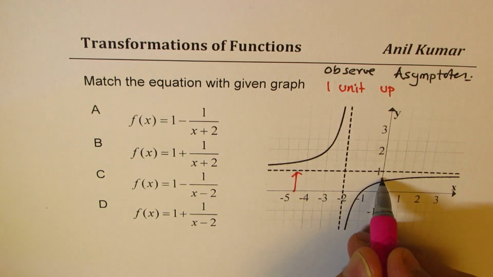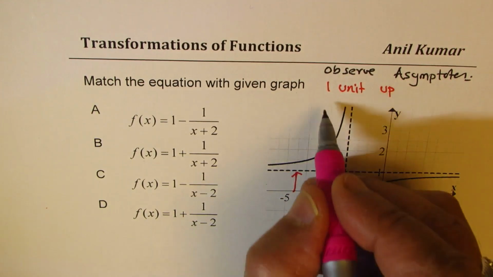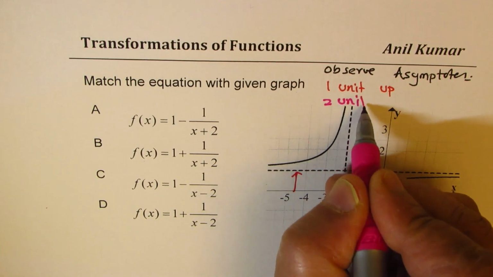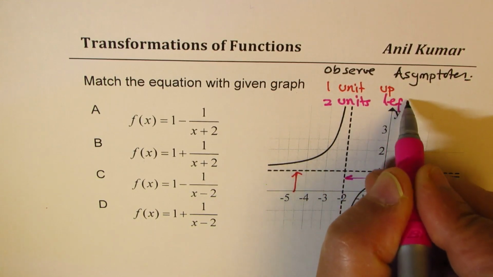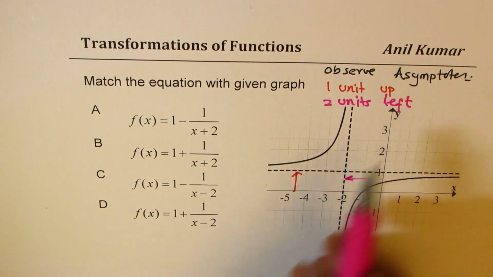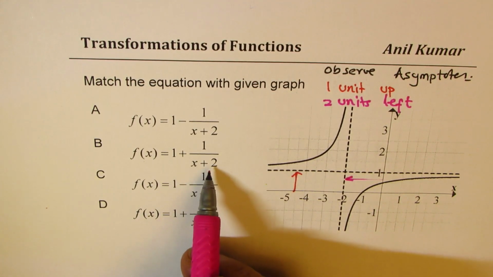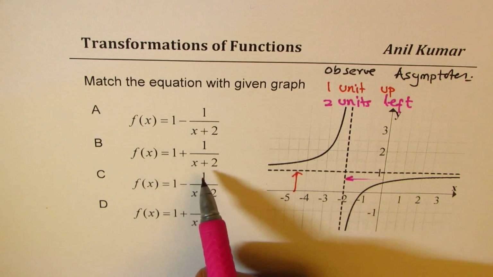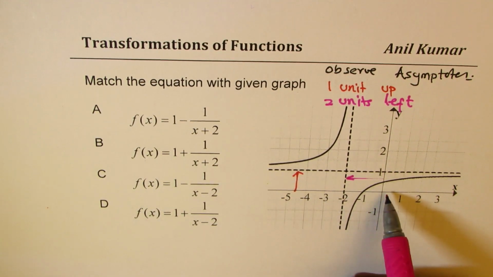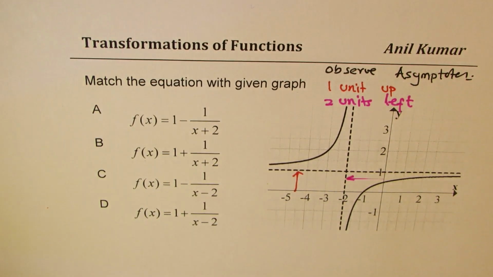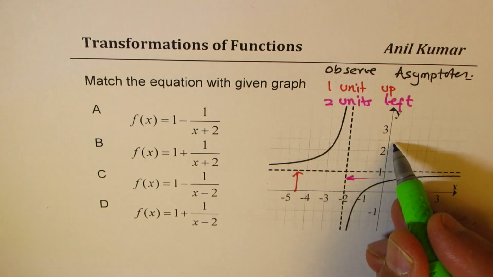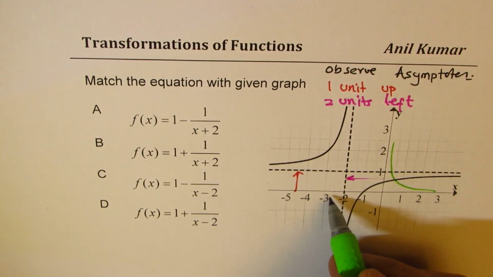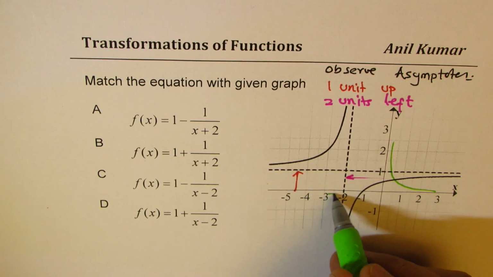we have moved 2 left, 2 units left. Correct? So we are looking for x plus 2, which matches. And 1 unit up means 1 has to be positive, right? So one of these match. Another thing which we note here is that normally 1 over x would be kind of like this, right? This is your 1 over x graph.